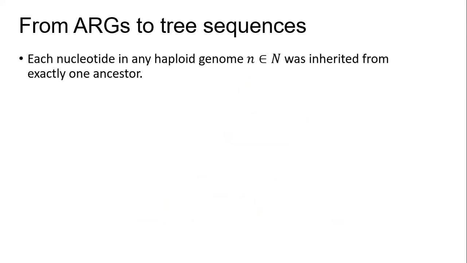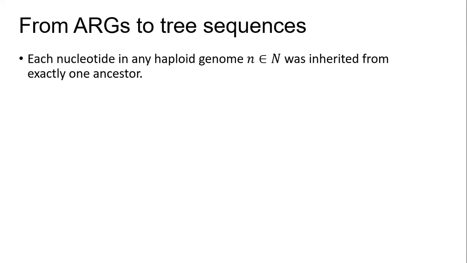And it turns out there's a very useful thing we can do with an ARG. So the thing you have to realize is that while we can't represent our complete genome's ancestry with respect to everyone else as a tree, we could look along the genome and choose a particular position. Let's say the 5th position in chromosome 1, that is a single nucleotide that we inherited from a single parent.